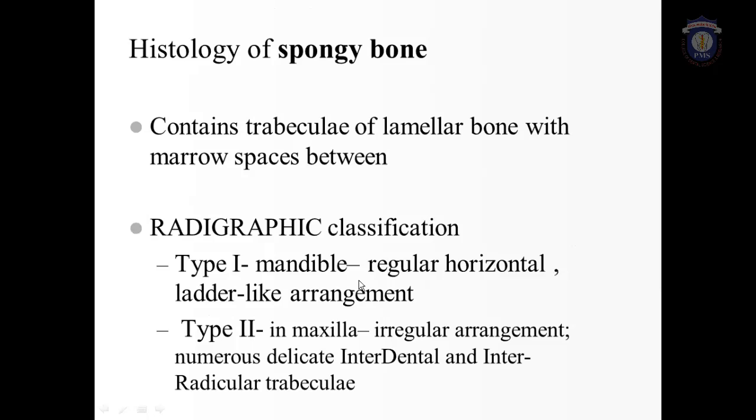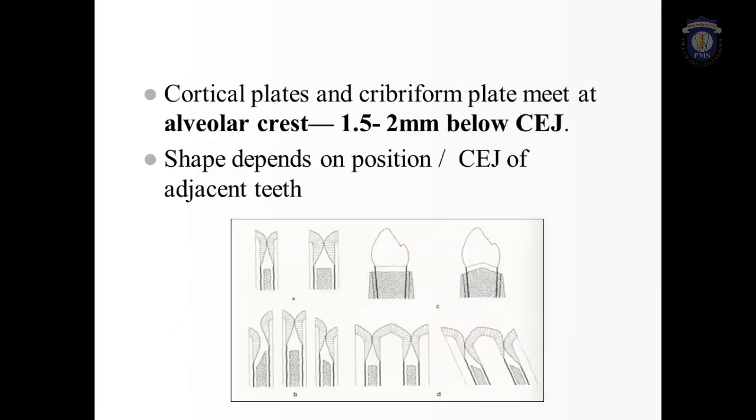In type 1, in the mandible, it has a regular pattern which is called a step ladder or ladder-like arrangement, while type 2 arrangement is seen in the maxilla. This is an irregular arrangement containing numerous delicate interdental and interradicular trabeculae of bone.